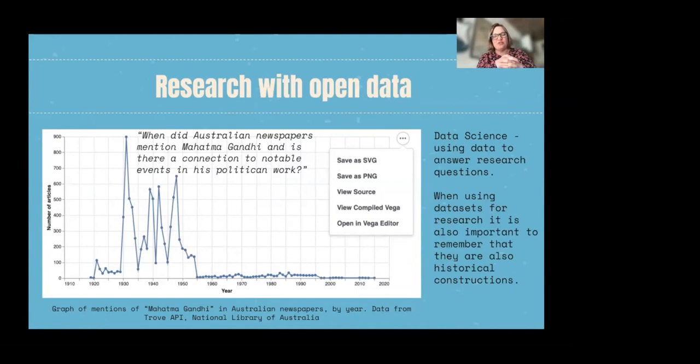That's not because there necessarily were a lot more newspapers printed in that time period, but because a lot more newspapers were digitized from that time period, since they had a specific project aimed at digitizing some of that material. So that's important to remember also.